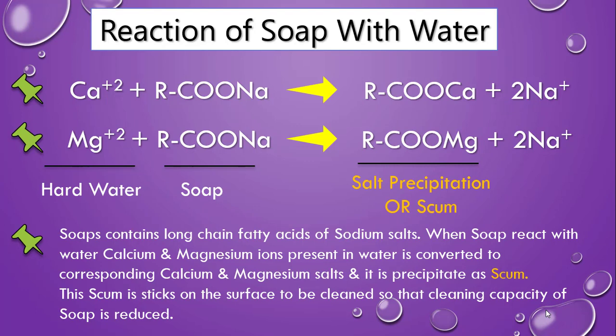So basically soap contains sodium salts of long chain fatty acids, and when soap reacts with water, the calcium and magnesium ions present in the water are converted to the corresponding calcium and magnesium salts, and precipitated as scum. This scum sticks on the surface to be cleaned, so the cleaning capacity of soap is reduced.